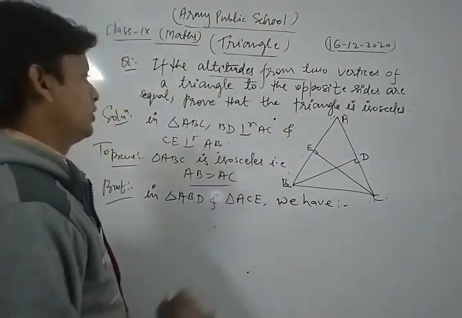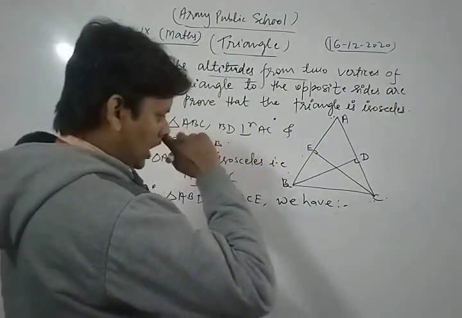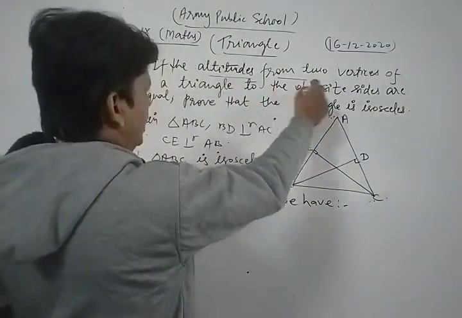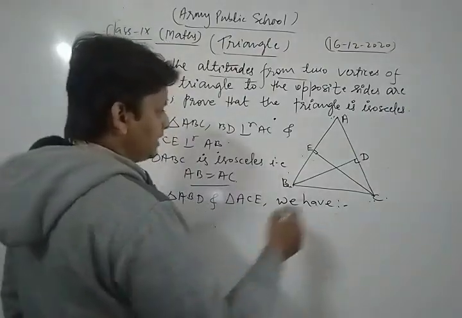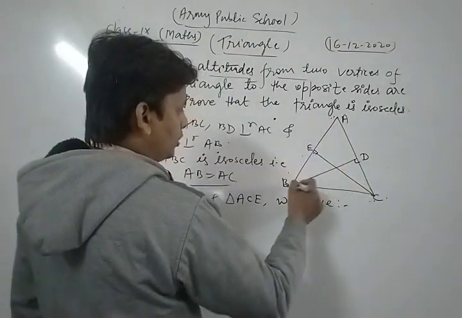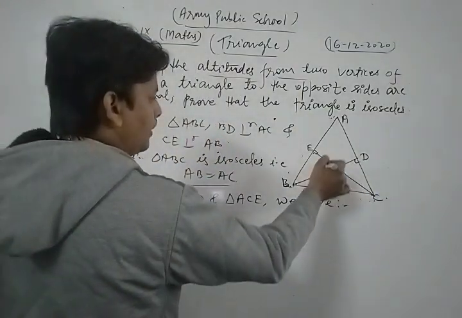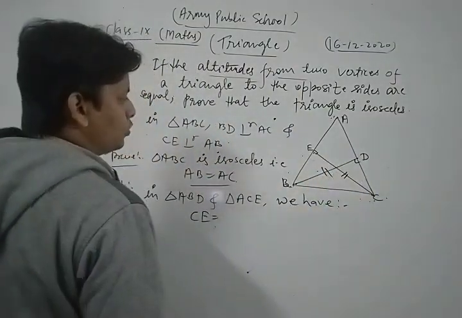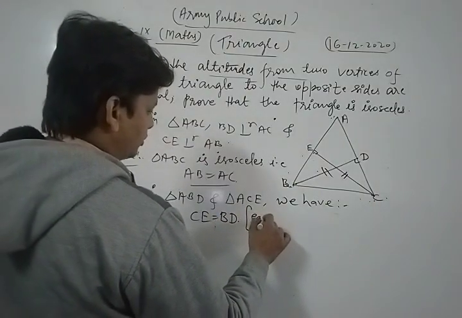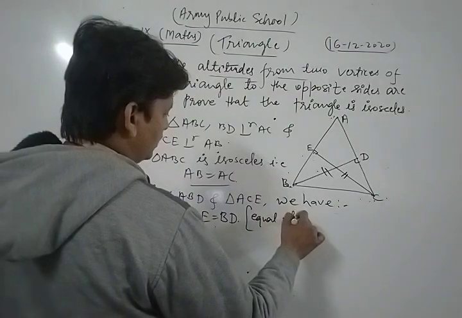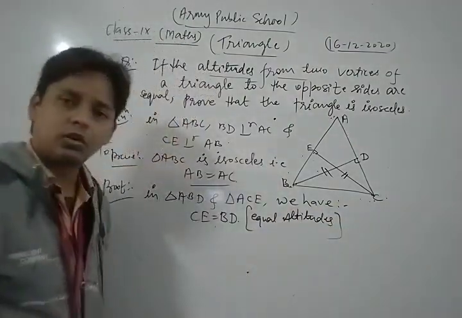First of all, the altitudes from the two vertices of a triangle to the opposite sides are equal, means altitude CE is equal to altitude BD. CE is equal to BD. These are the equal altitudes.